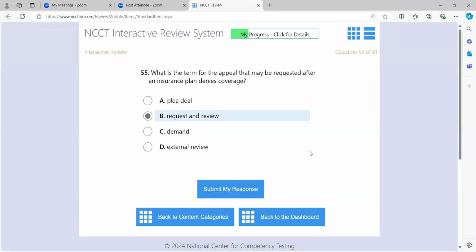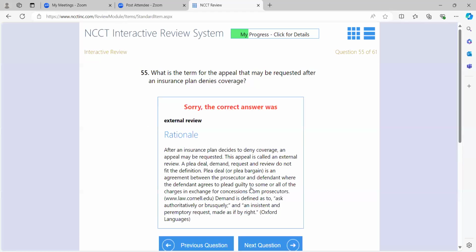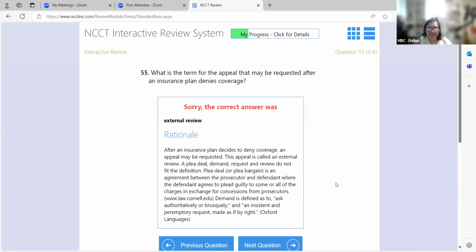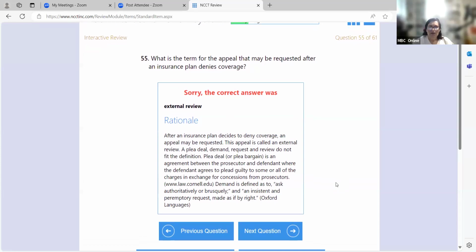This is insurance plans denied. I'm torn between B and D. Okay, let's check. External review. So basically, when the insurance plan denies coverage, you're going to try to appeal again, and it will be an external review.